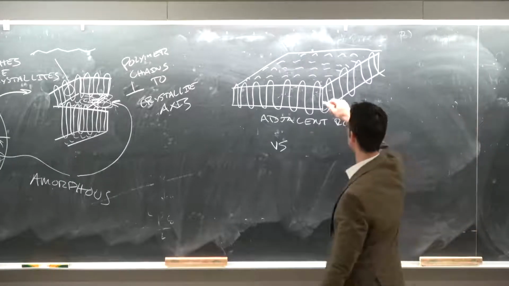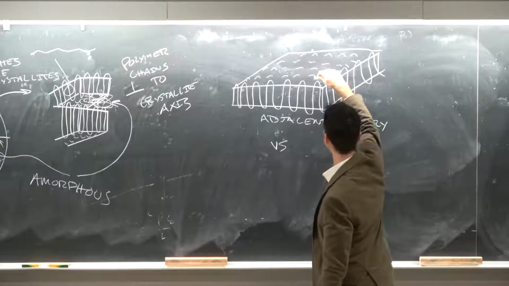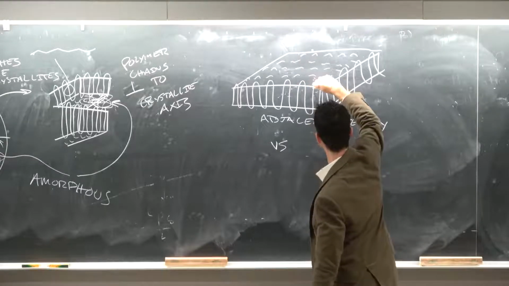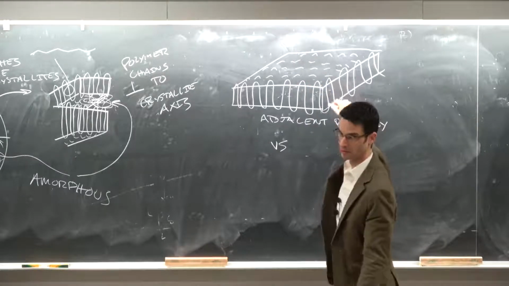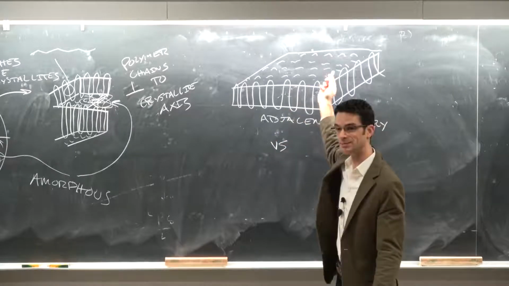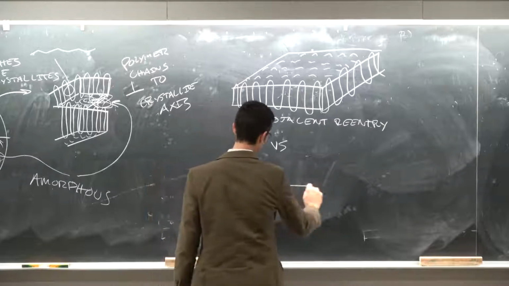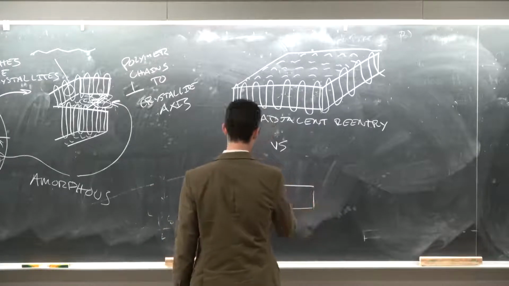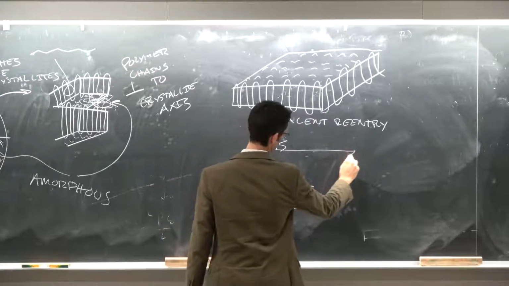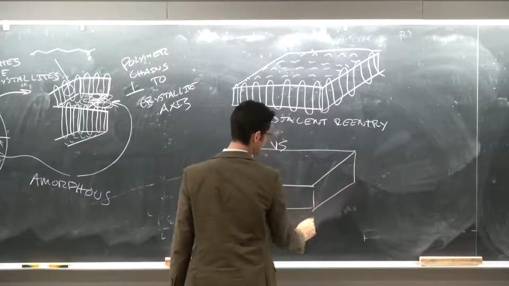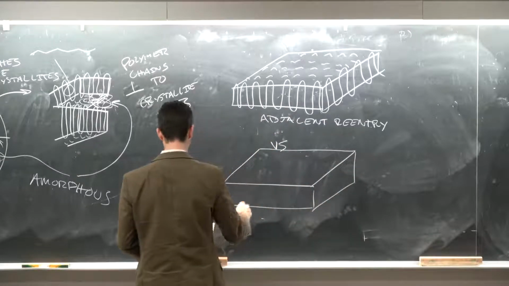When the molecules have a lot of time, instead of re-entering over here, they'll just re-enter right where they exited. Now, what's the alternative? The alternative is the switchboard model.